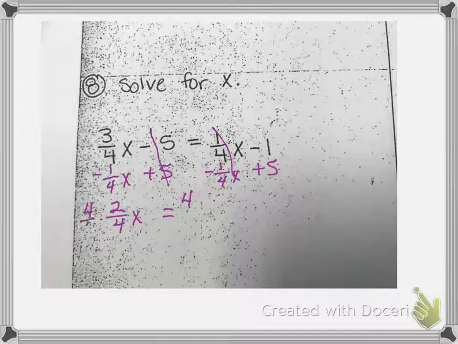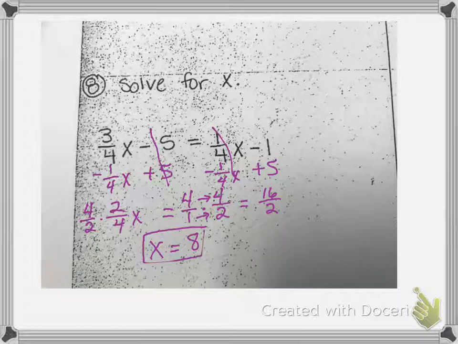I'm going to multiply by the reciprocal here, okay? So I'm multiplying by 4 over 2, so I'll multiply straight across. That gives me 16 over 2. So x is equal to 8.